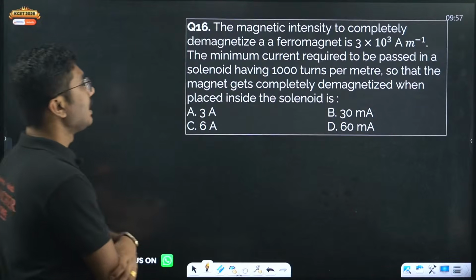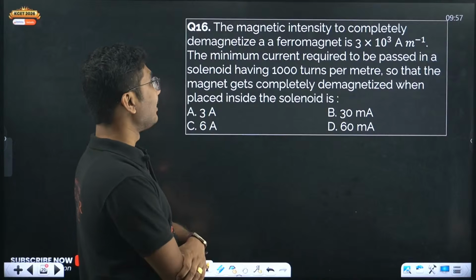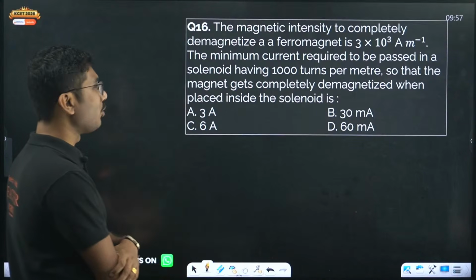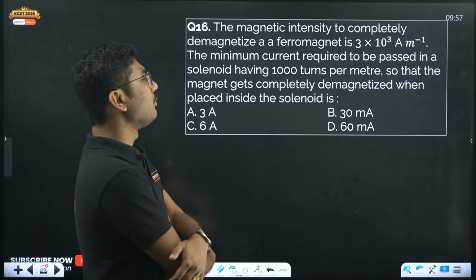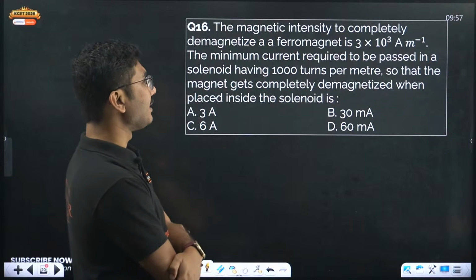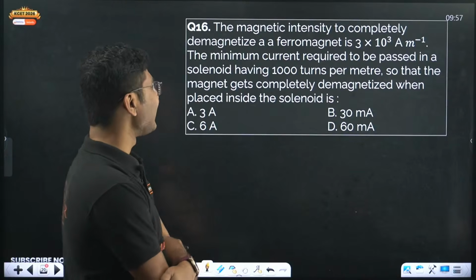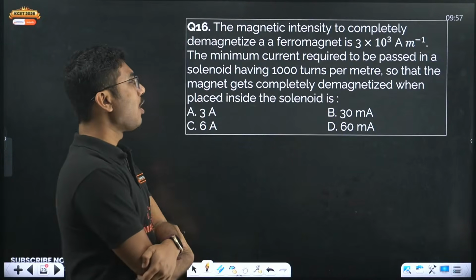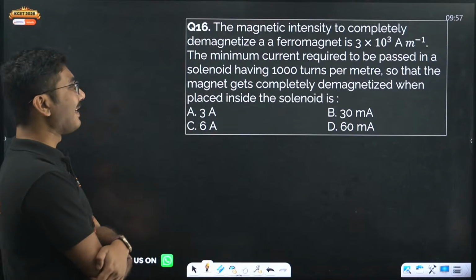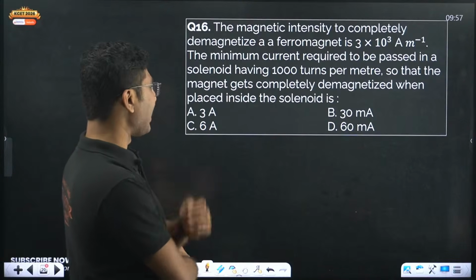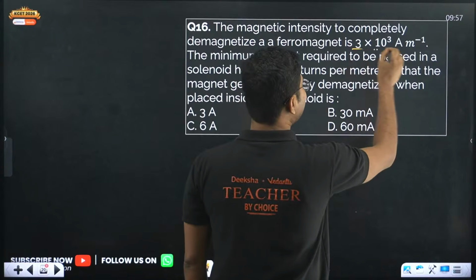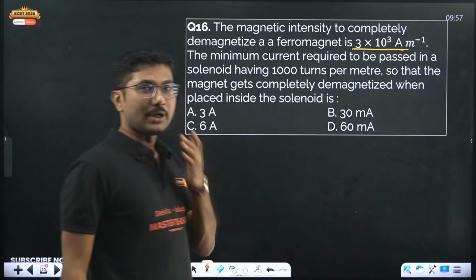Now next, the magnetic intensity to completely demagnetize a ferromagnet is 3 into 10 to the power of 3 ampere per meter. What is the minimum current required to be passed in a solenoid having 1000 turns per meter so that the magnet gets completely demagnetized when placed inside the solenoid? So the magnetic intensity is given in ampere per meter.